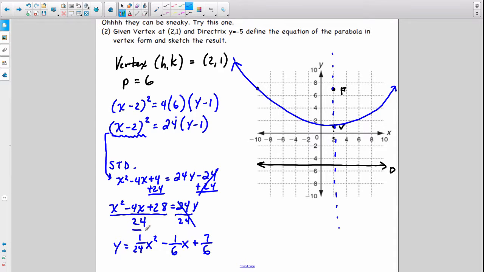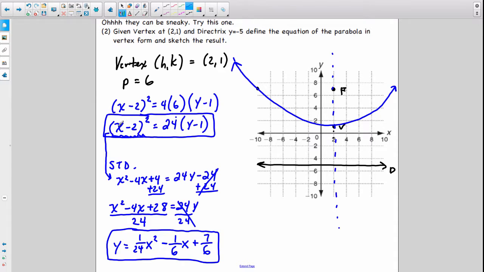So here's my standard form in ax squared plus bx plus c format. And this is my modified vertex form, where we can start looking at vertex, directrix, p-values, and all of that. But in the end, these are two very similar things, you would agree. These are just different ways to represent this parabola right here.